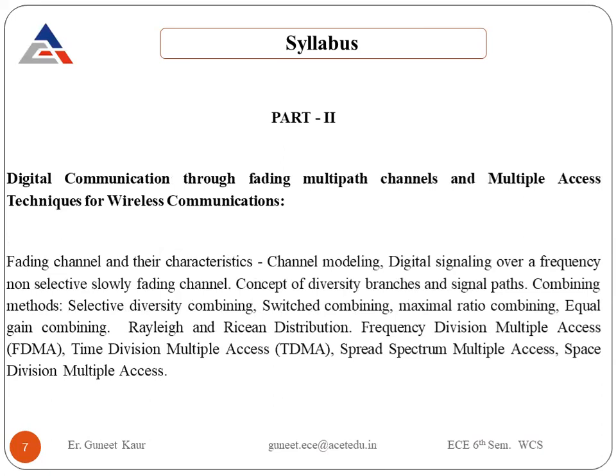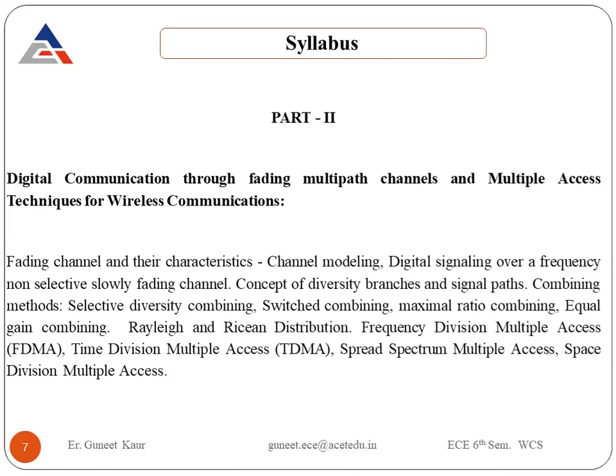Diversity is used to combat the effect of fading. So what are the various diversity combining techniques? Then what is Rayleigh and Gaussian distribution? Then what are the various multiple access techniques like FDMA, TDMA, spread spectrum, SDMA, space division multiple access? All these will be covered in this part number 2.